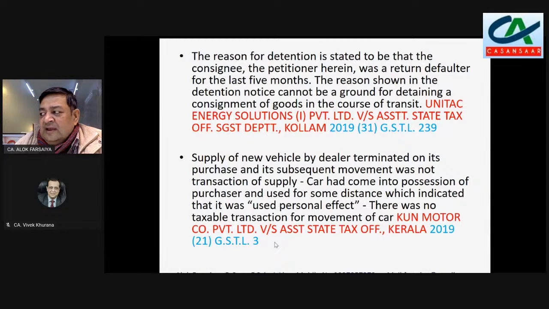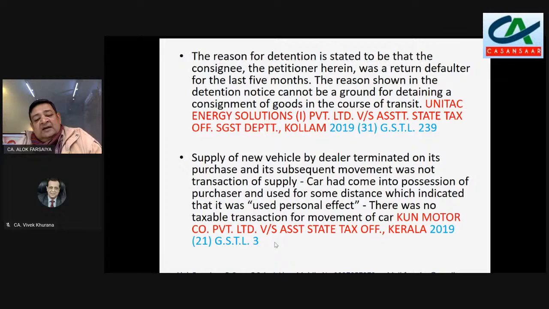One more case came up where a vehicle was being transported, and the allegation was it is a new vehicle, so why has the e-way bill not been generated for the vehicle. For the vehicle, the law is that once the vehicle is registered with the RTO, it does not remain goods, and it is covered by the Motor Vehicles Act.